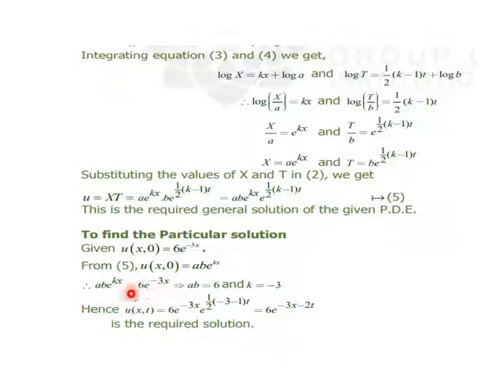So ab is equal to 6, and when I compare the e powers, k is minus 3. So let us replace ab by 6 and k by minus 3 in this solution. So u equal to 6 into e to the power minus 3x, and substituting this, we get minus 2t, which will be the required solution.